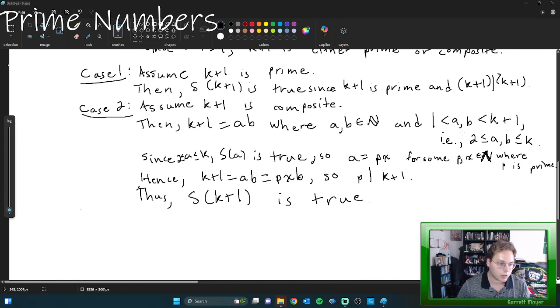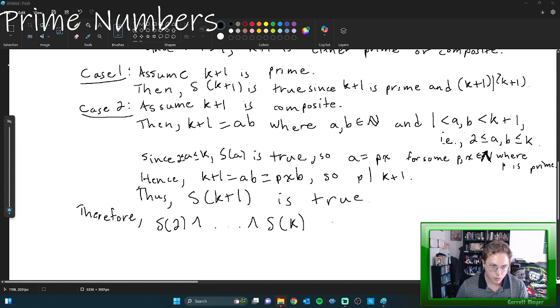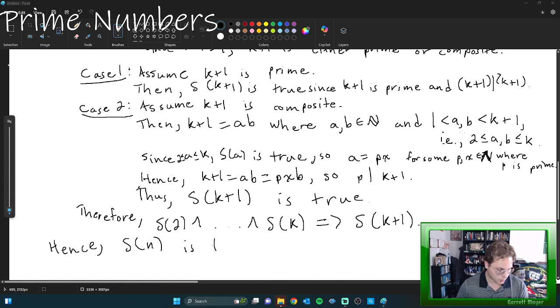So let's write that out more formally. And this means S_n is true for all integers n where n is greater than 1.